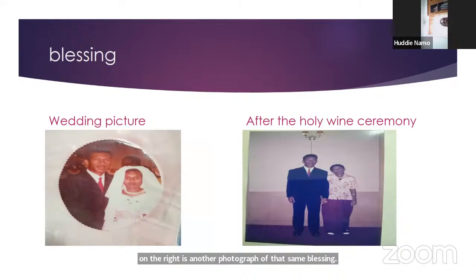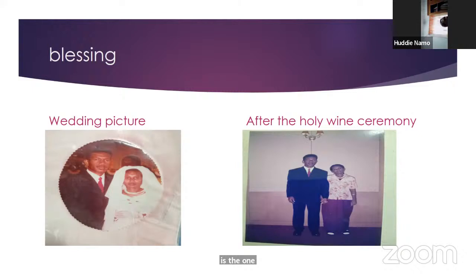Some more blessing photographs. That's the wedding picture of me and my spouse. The one on the left, and the one on the right is the one prior to the holy wine ceremony. Is it before? Oh, after the holy wine ceremony.